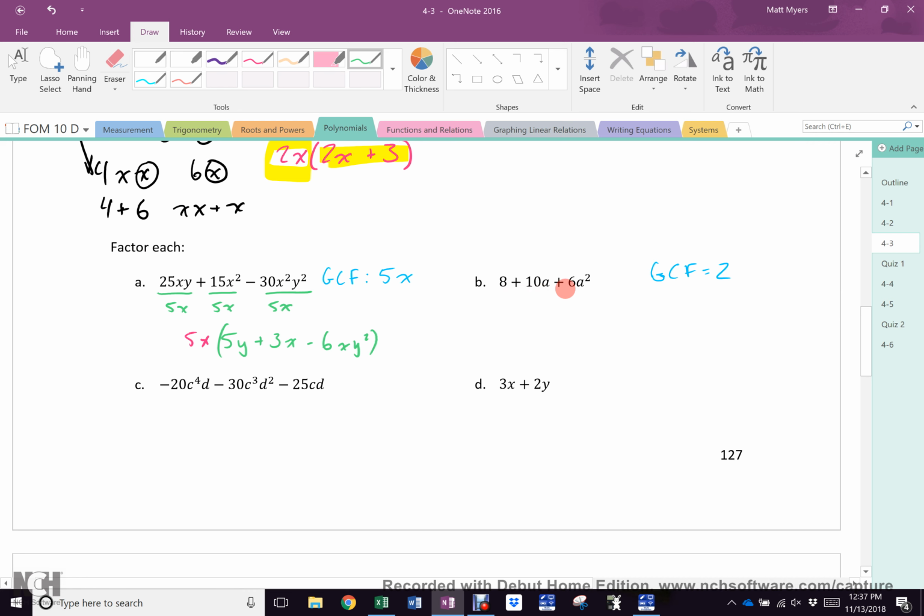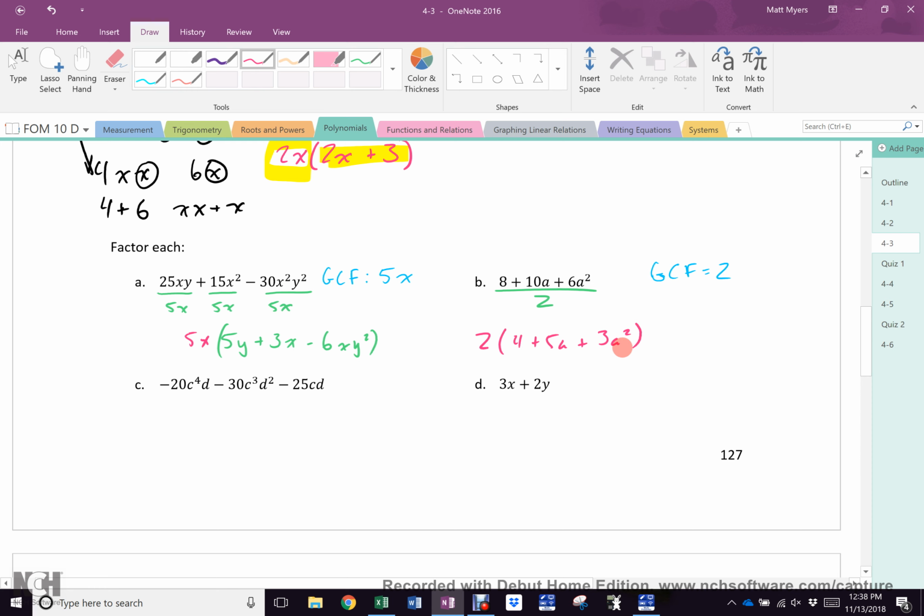No. I just write it once. Do I care if you like to write divided by 2 each time? No. Would I ever take marks away from you for doing your work differently than me? No. So that is 2 first. Oh, wait, let me get hot pink going. 2. And what's the term? 4 plus 5a plus 3a squared.